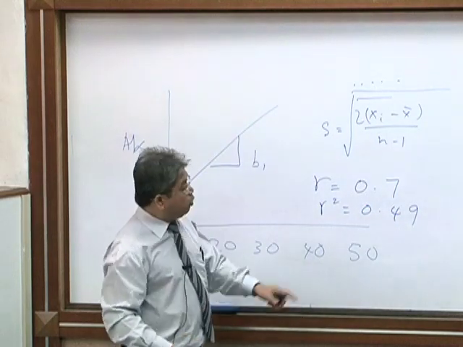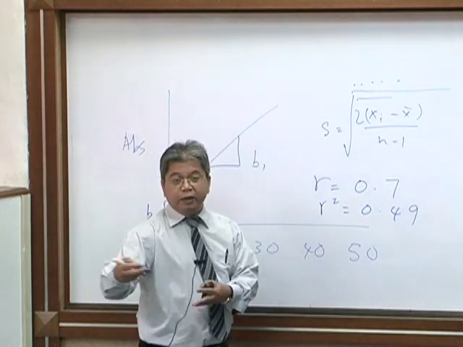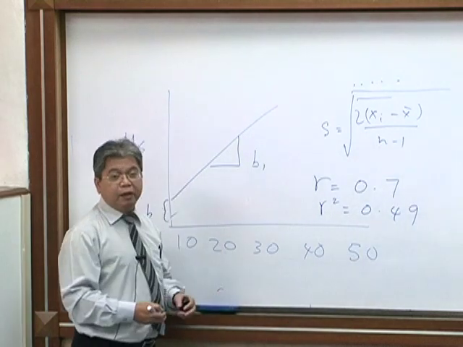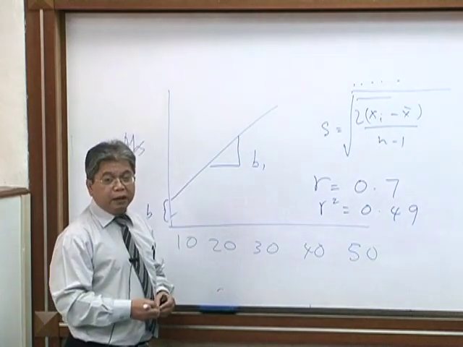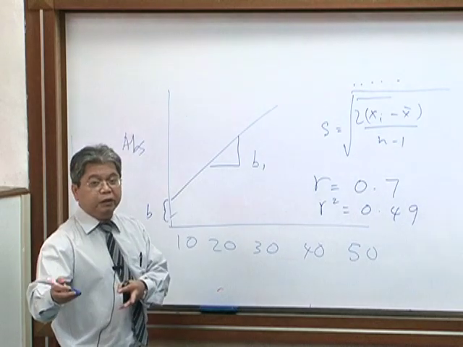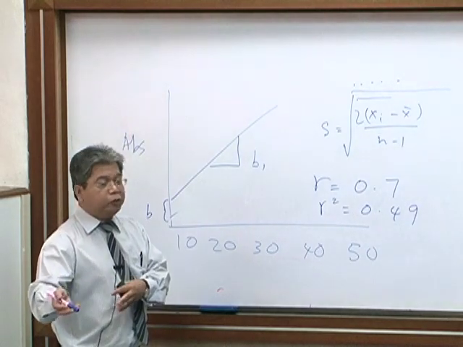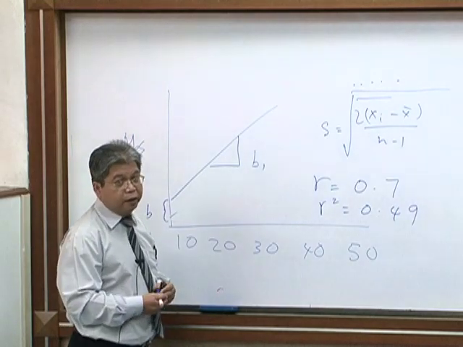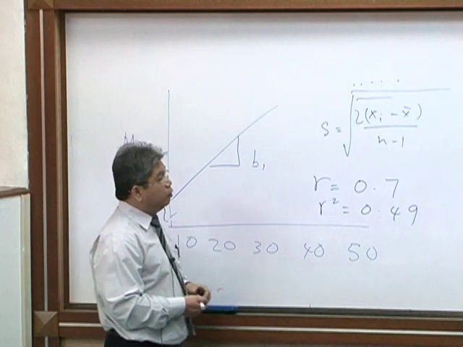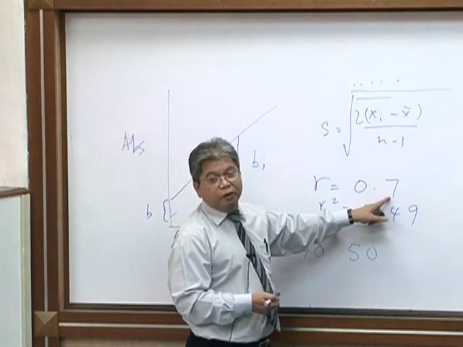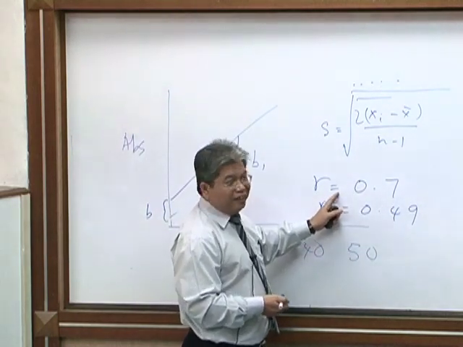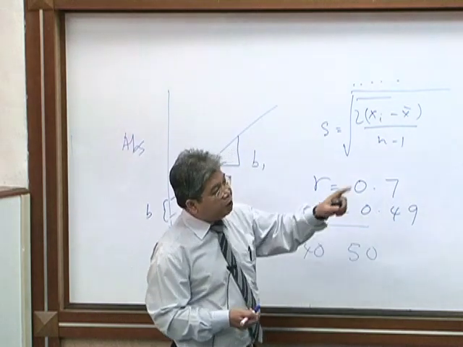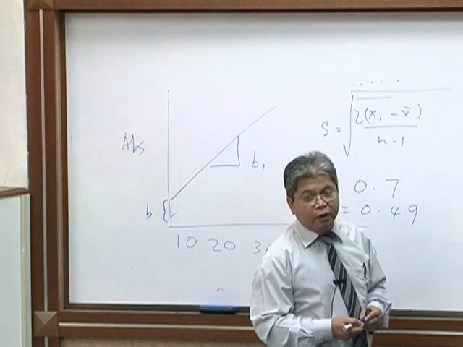R squared is only 0.49, meaning that less than 50% of the variation in Y is explained by X, meaning that there are other factors that we fail to use to explain the variation in Y. So, although it looks good if you use R, in reality it's not good enough if you use R squared. That's why for prediction purposes, we have to use R squared.